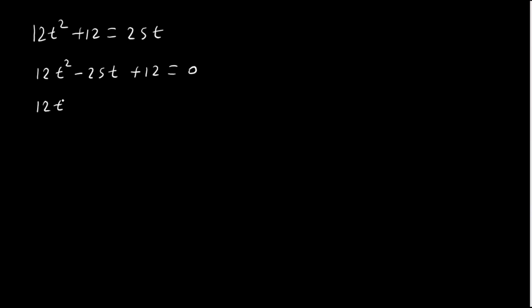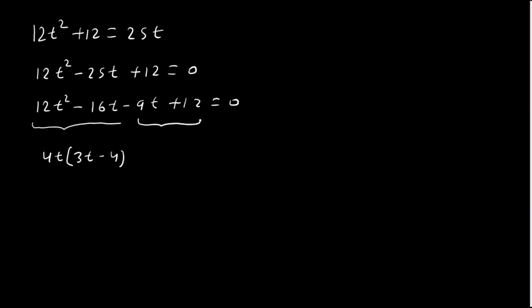Then 12 times t square minus 25t is the same as 12t square minus 16t minus 9t plus 12, equal to 0. Here if we take common 4t, then you will get 3t minus 4, because 16t divided by 4t gives 4.